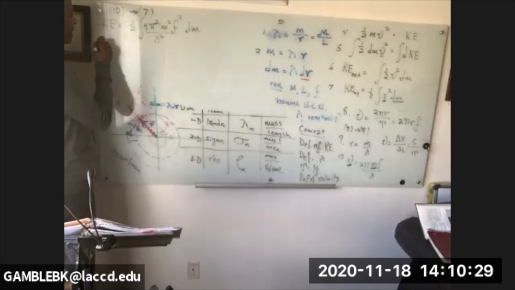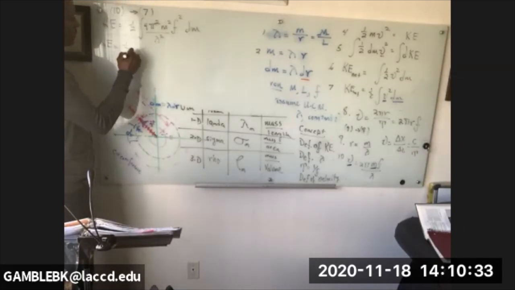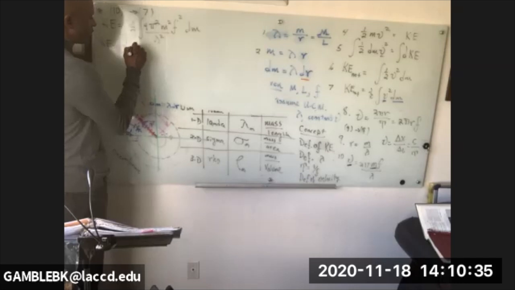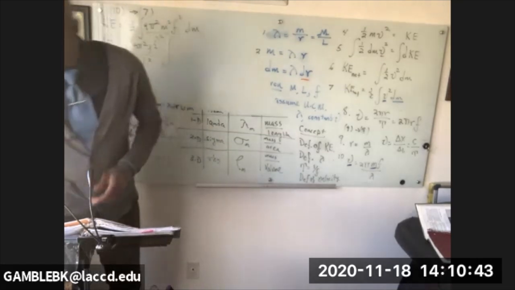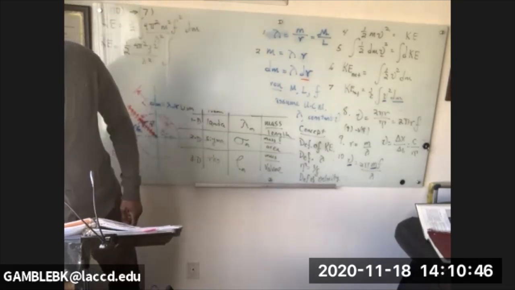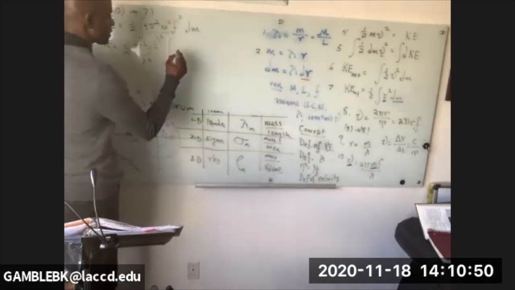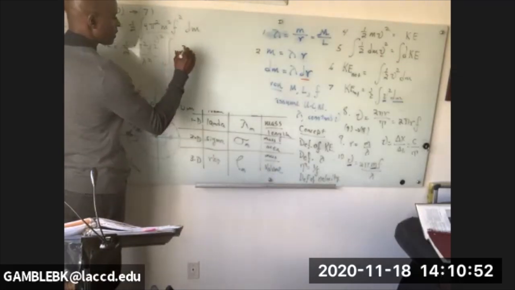The constants come out of the integration. So the kinetic energy is equal to 1/2. All the constants are going to be 4 pi squared f squared over lambda squared. In the integral, the integral is just going to be m squared dm.